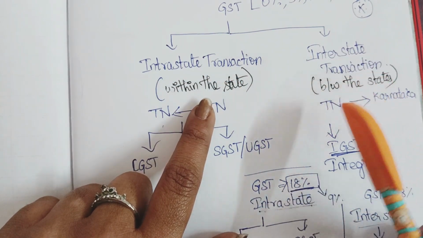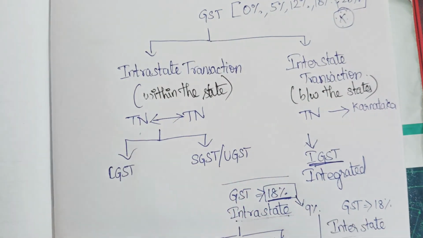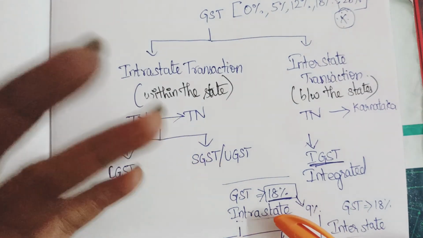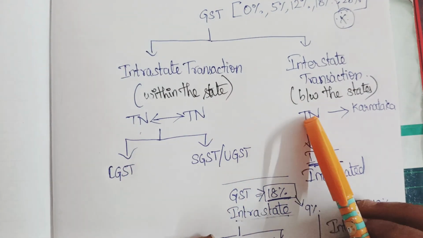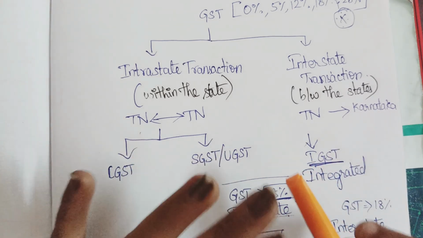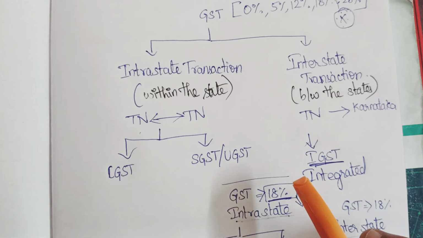Interstate transaction is nothing but between the states, between Tamil Nadu and Karnataka, between Tamil Nadu and Andhra, between Tamil Nadu and other states, like any states we can say. Tamil Nadu and Karnataka I have taken as example. Is that clear everyone? Intrastate means within the state, interstate means between two states.